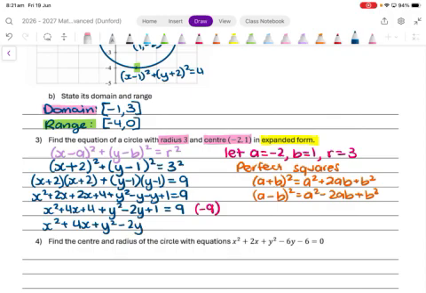Now, we have these 4 plus 1 and our minus 9. So what we want to do is collect all constants, all constant terms. So we're going 4 plus 1 minus 9, and what that equals is negative 4.